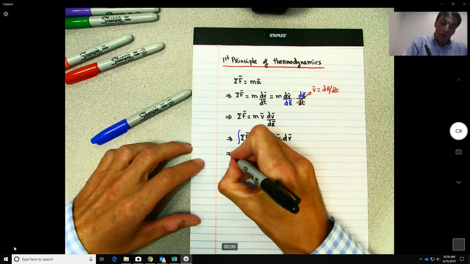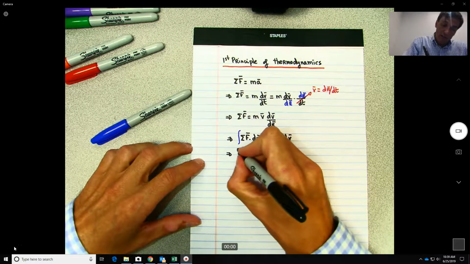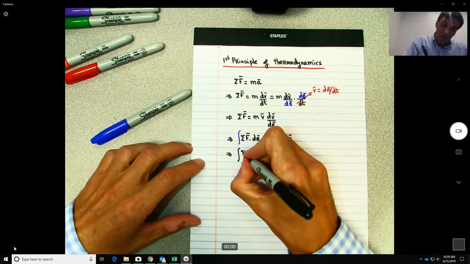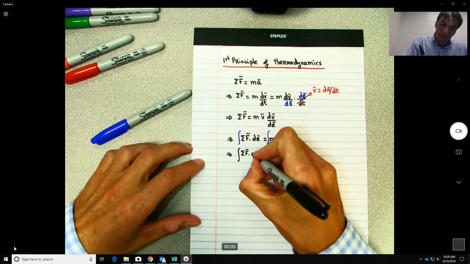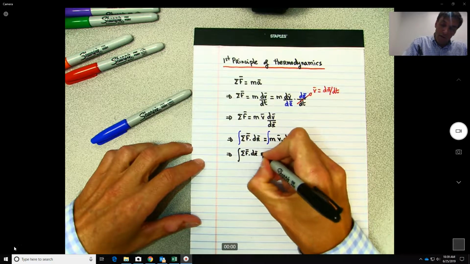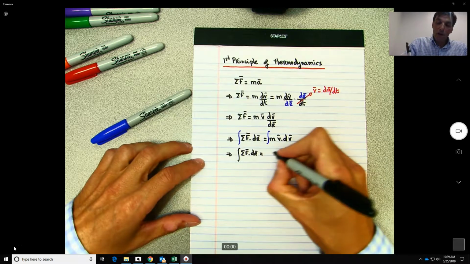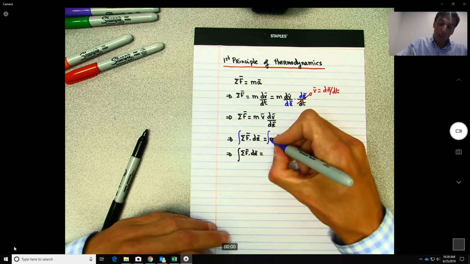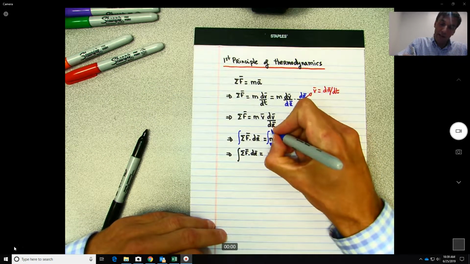So if you leave the left-hand side untouched, you will have what? And let's say we integrate between an initial and final velocity.